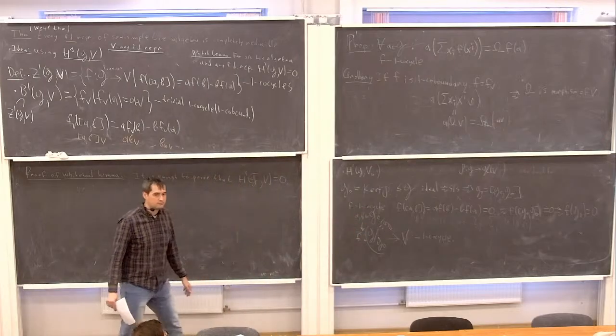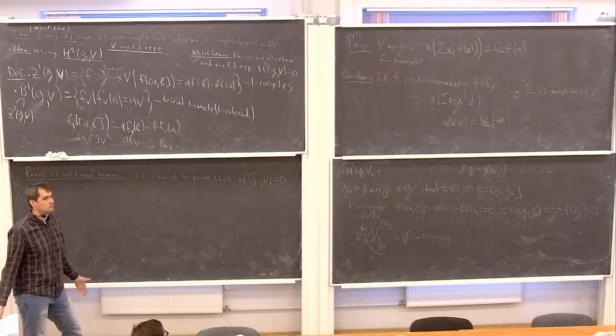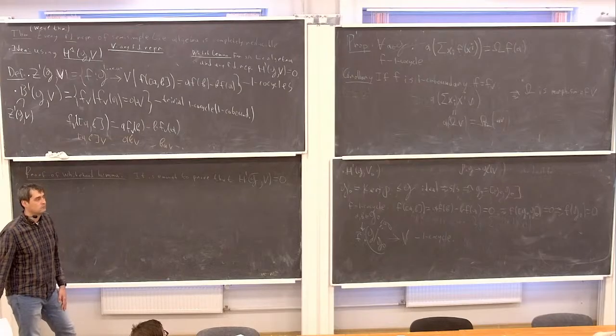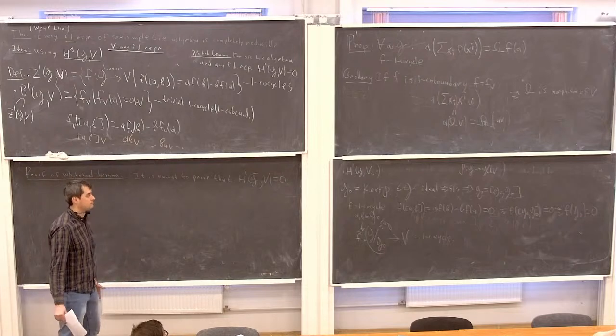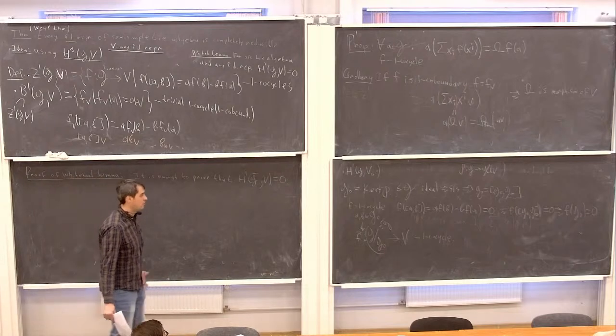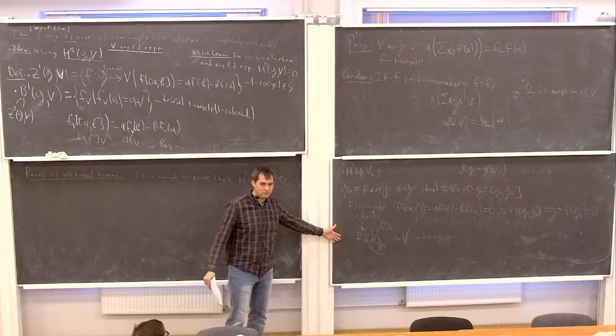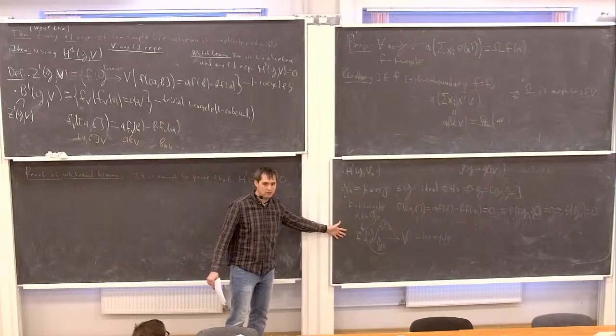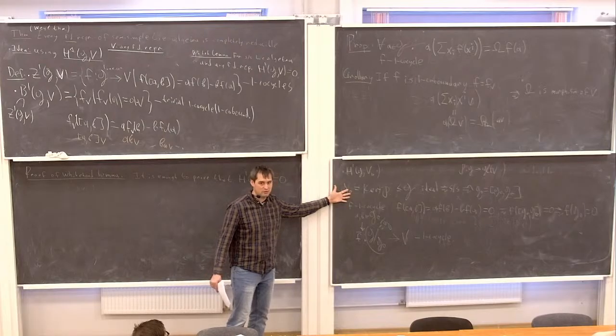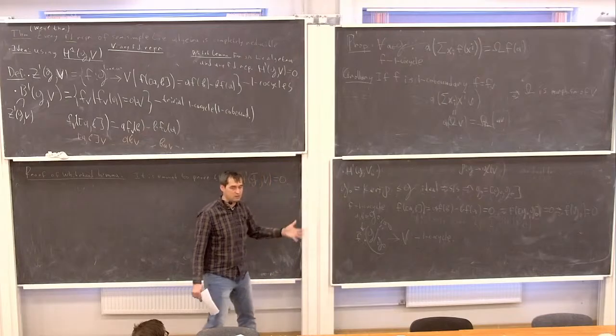Why? Because if you have a one cocycle here, you obtain a one cocycle on g bar. If you have a one cocycle on g bar, you obtain a one cocycle here. They are equivalent things.